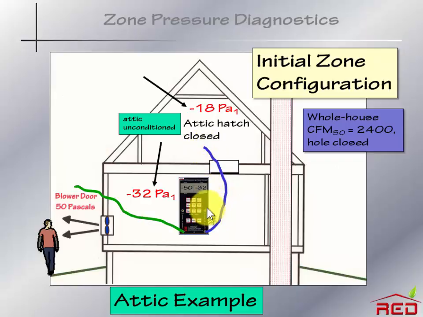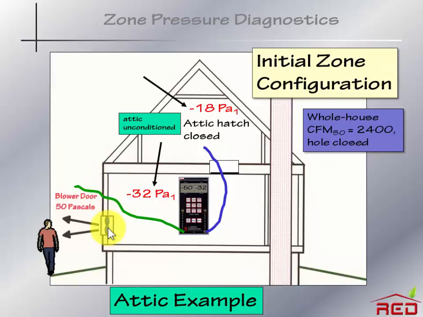So on the right side of the digital gauge, we are measuring the house with reference to the attic. Then on the left side, we're measuring the house with reference to outdoors. We're verifying that we do have 50 pascals of pressure.